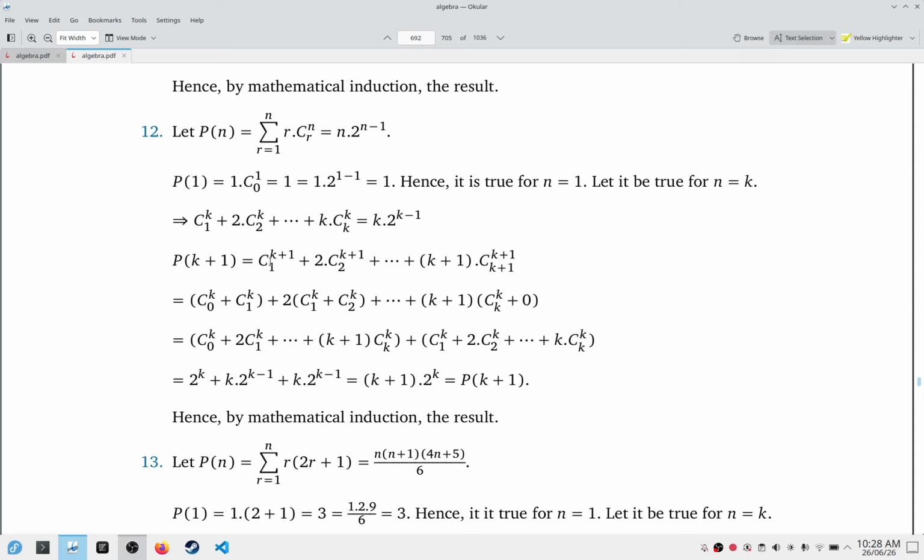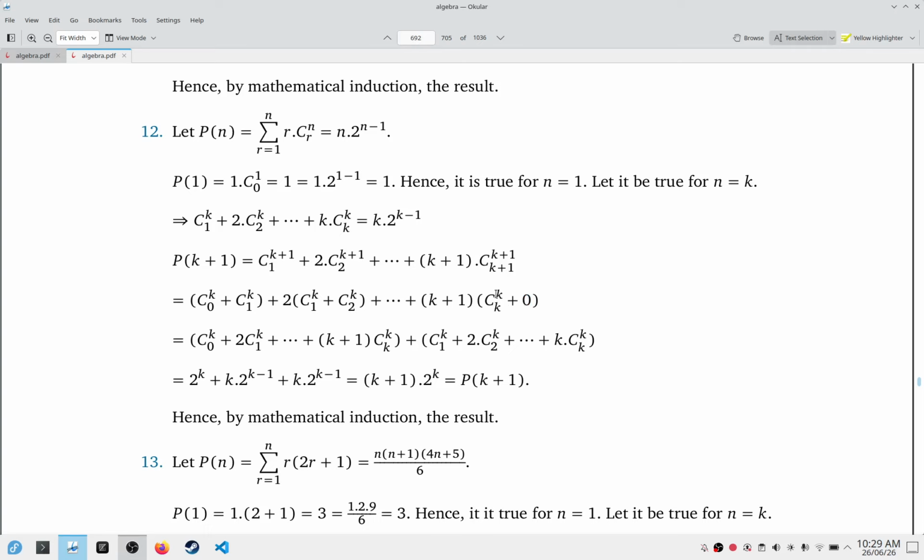Now we have got P(k plus 1), that is k plus 1 C1 plus 2 into k plus 1 C2 and so on up to k plus 1 into k plus 1 C k plus 1. Now we write this k plus 1 C1 as kC0 plus kC1 and this as 2 times kC1 plus kC2 and so on. Okay, there is some typing mistake.